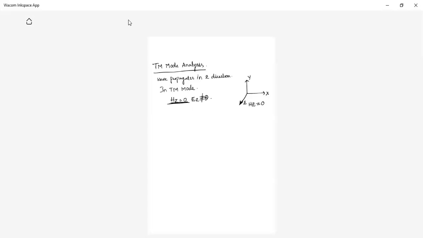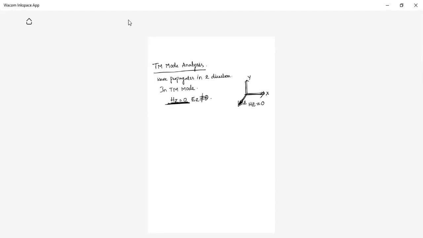But what is TM mode of analysis? In the direction of wave propagation, Hz is equal to 0, but Ez doesn't become 0. It has magnetic field components perpendicular to the wave propagation, that is, transverse to it. It may have the magnetic field in the X and Y directions, but it doesn't have the Hz component in the Z direction. But the Ez component exists.